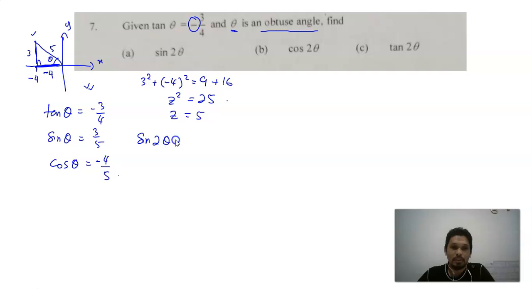Sine 2 theta equals 2 sine theta cos theta. What is the value of sine theta? Given there, 3 over 5, and cos theta, negative 4 divided by 5. So 2 times 3, 6 times negative 4, negative 24 divided by 25.